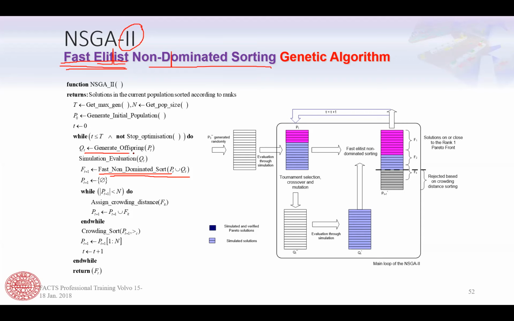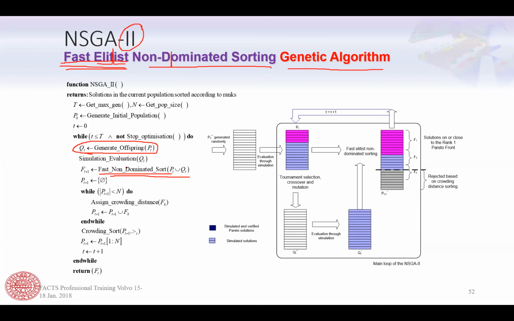Everything we talked about in an ordinary genetic algorithm is still here, but now we embed it into something called generate offspring. You have your parent generation, and then you use it through selection and crossover, the ordinary genetic algorithm principle and mechanism. That is why we have the genetic algorithm here, right? So you generate a new generation, which you call Qt.